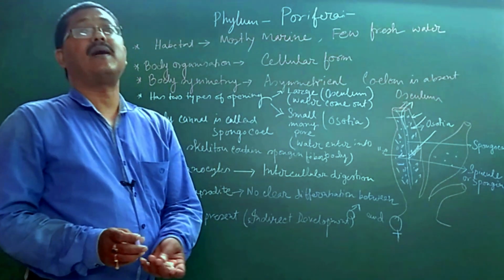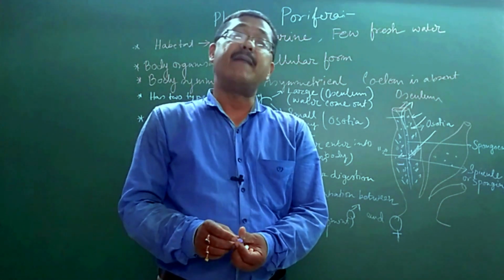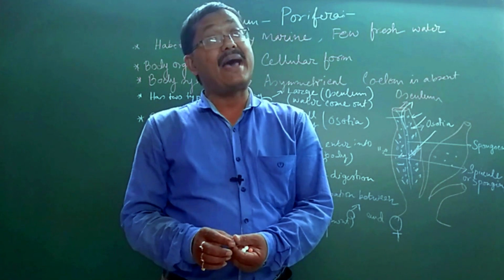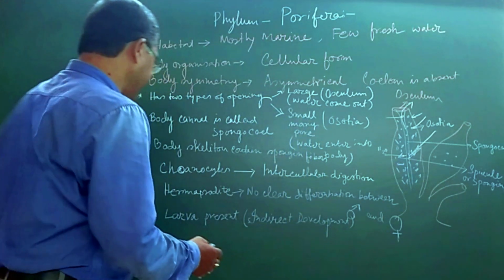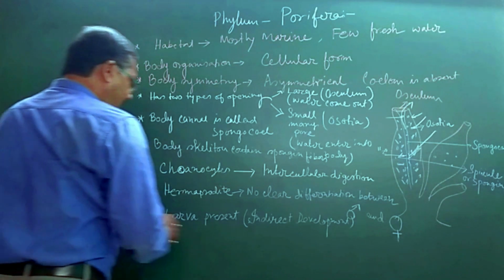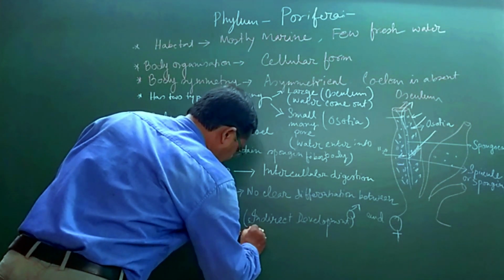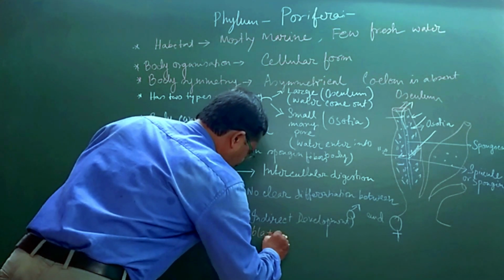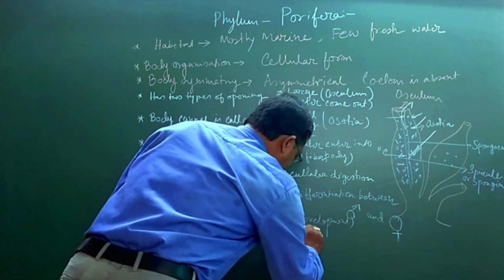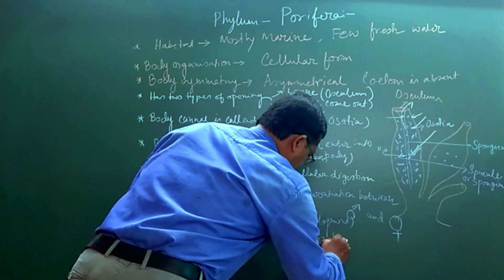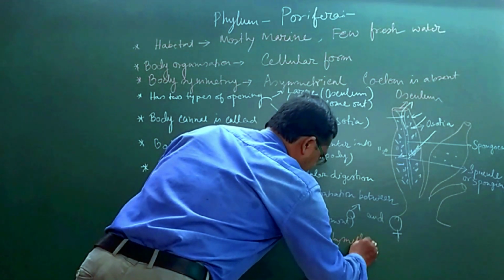The larvae are called amphiblastula and parenchymula.